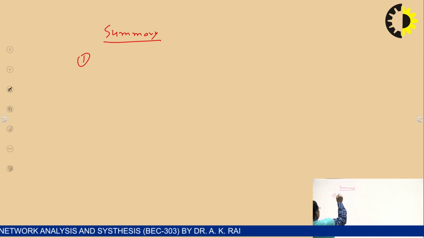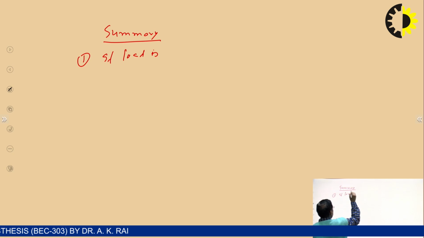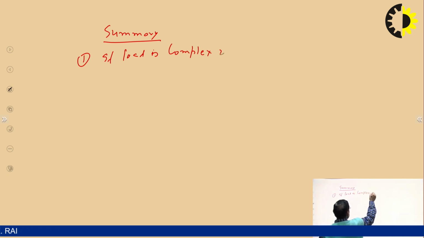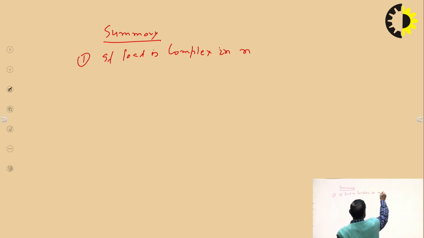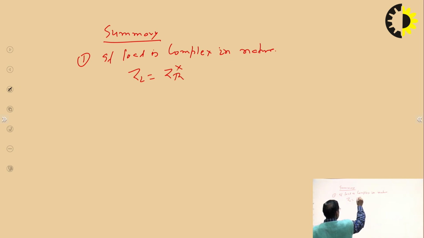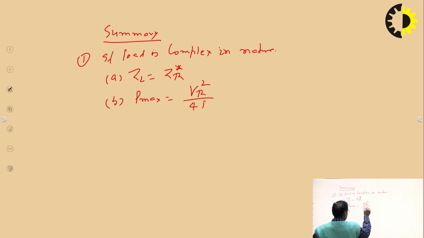If the load is complex in nature, then ZL is the complex conjugate of ZTH, and P max is VTH square upon 4 RL.